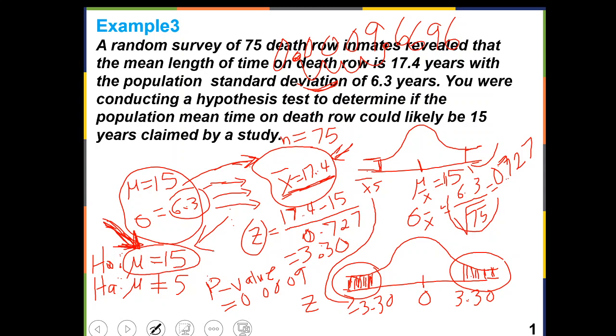Why? Because if we assume that mu is 15, then if we were to take a sample of size 75 and find a mean, the probability that we would get a number this far to the right or to the left of 15 is only that.